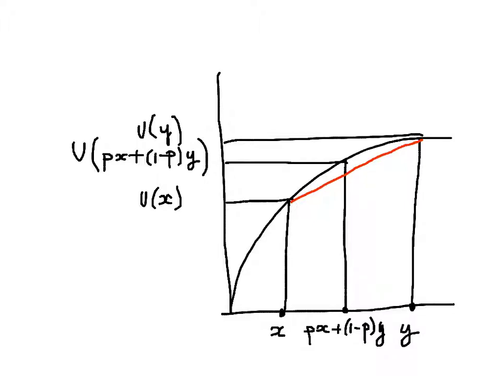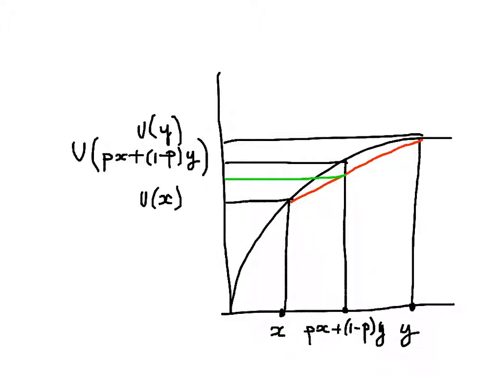Now another question I could ask here is, what is the amount of money which gives me the same utility level as the gamble right here? So here is the utility that I am getting.